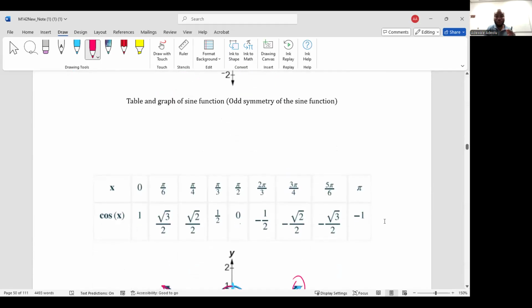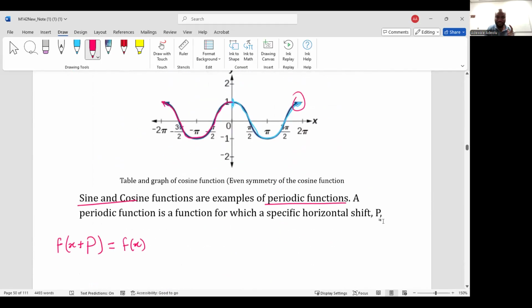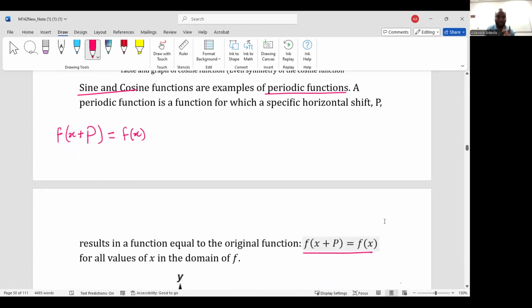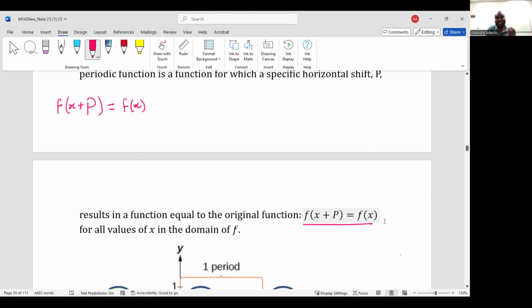Then we say, from this great observation, that sine and cosine are periodic functions. Now, there is a least value for this P such that we will always get our function back.